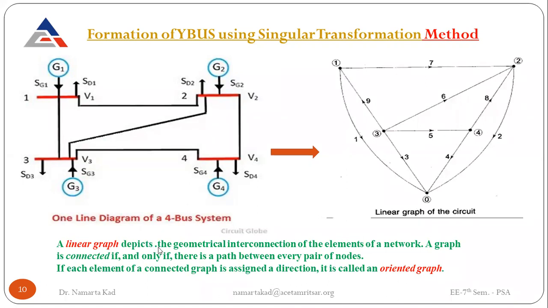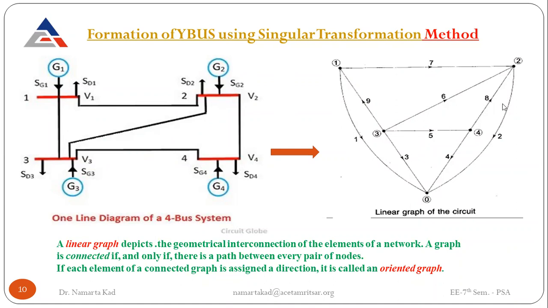A linear graph depicts the geometrical interconnection of the elements of a network. A graph is connected if and only if there is a path between every pair of nodes. So this one is called a connected graph, which means that each node is connected with some other node also.